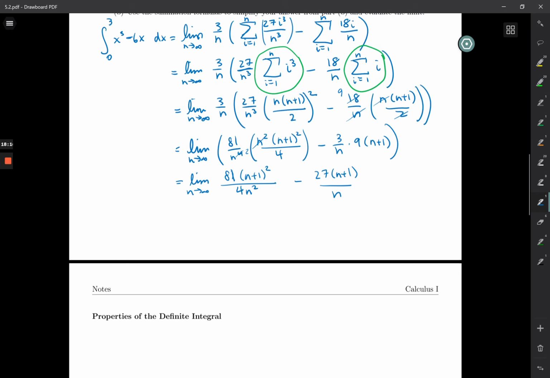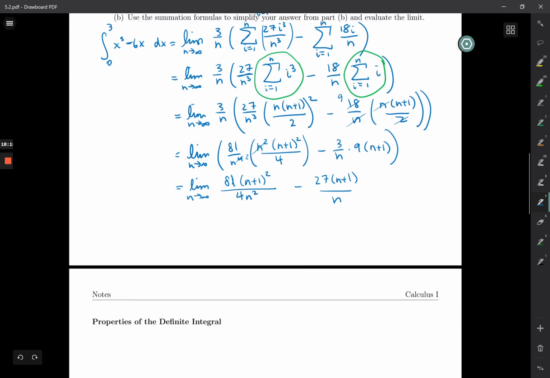So another option is to compute these separately, and just so long as we don't get infinity minus infinity, then our limit laws will tell us that the limit of this whole thing is equal to the limit of the first thing minus the limit of the second thing. And so since I already know the answer, I am kind of cheating, but we're going to go ahead and do it the second way because I know it will work out. Okay, so in this case, I'm going to pull out that constant like we can do with limits, and then we're left with n squared, or maybe we'll multiply this part out.